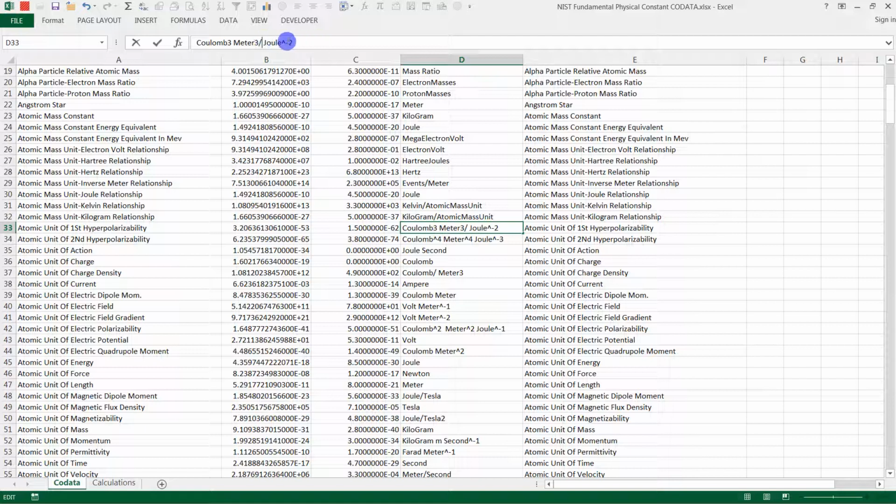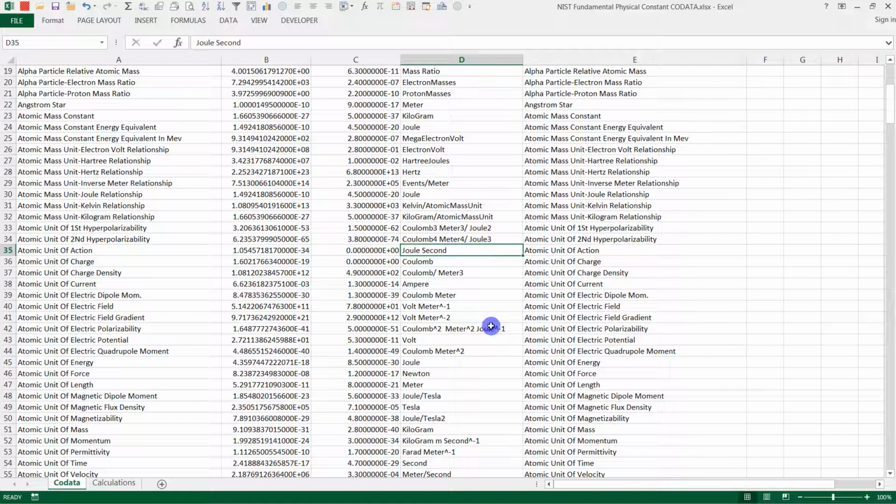Okay, so that's that. So I'm getting rid of the negative and the quote. So yeah, there. And this one, oh, that's the second hyperpolarizability. Okay, so this would be coulomb to the fourth, meter to the fourth per joule cubed. And it just simplifies it a little bit.